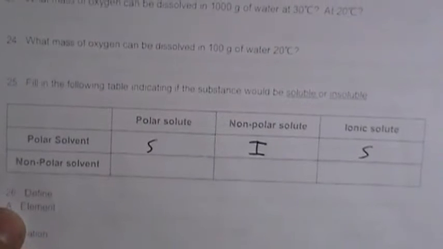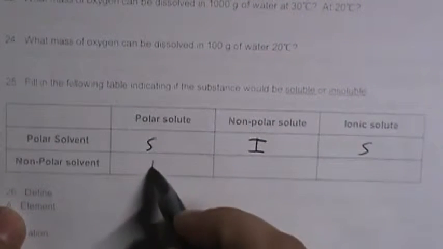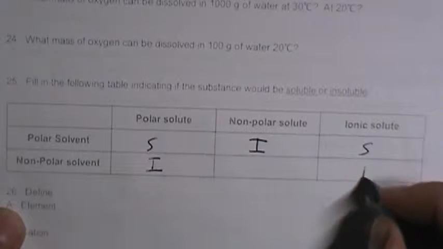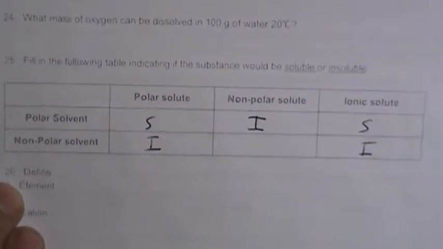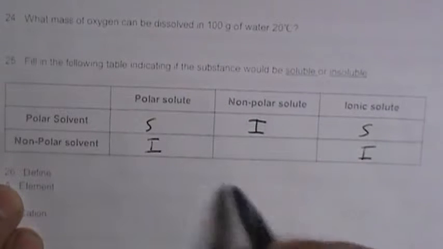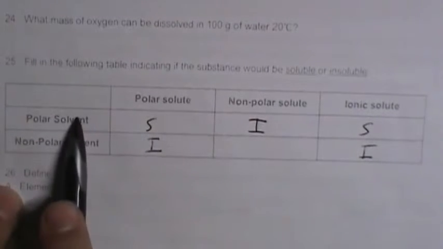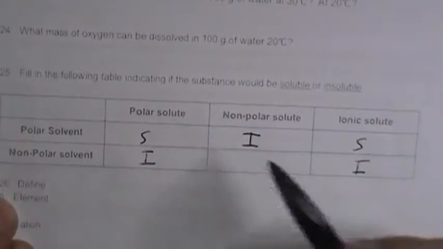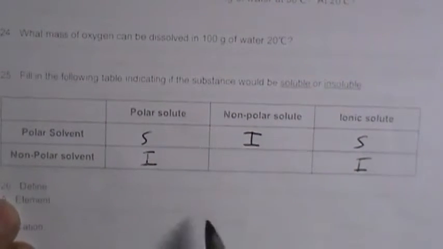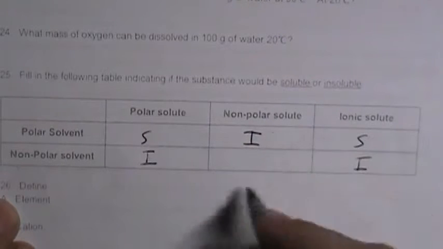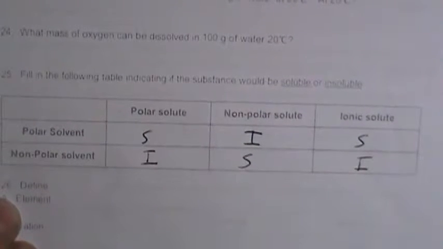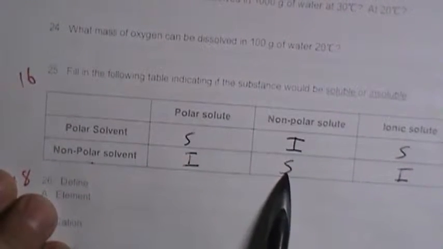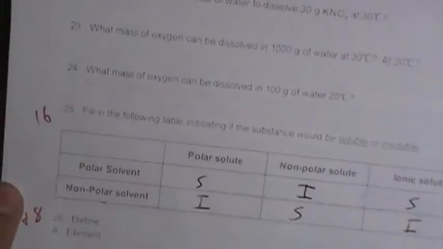The nonpolar solvent will not dissolve the polar solute or the ionic solute because, again, these prefer to interact with each other because of dipoles, which nonpolar solvents do not exhibit. Permanent dipoles, at any rate. The nonpolar solute will dissolve in the nonpolar solvent. Like dissolves like.